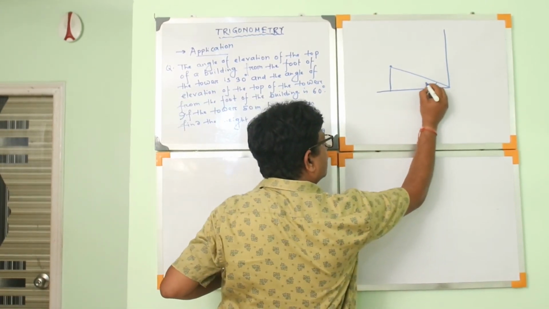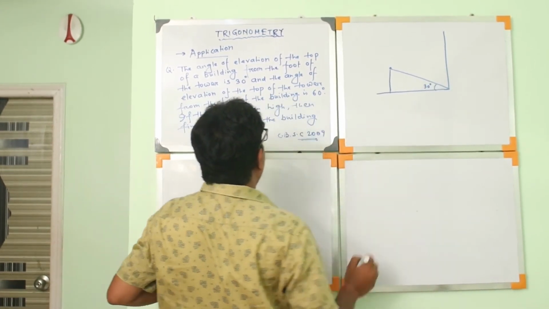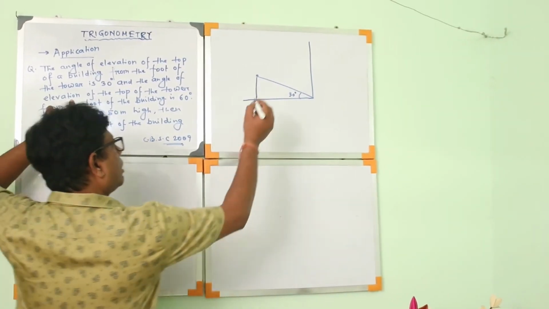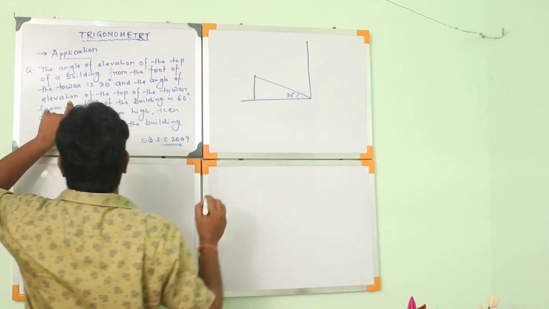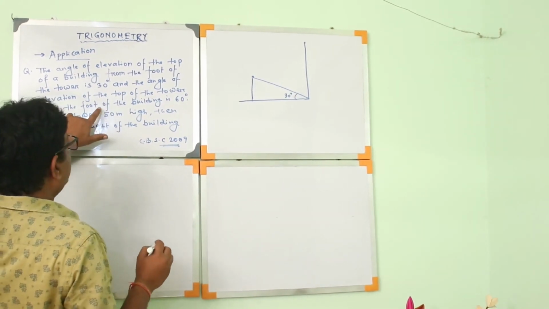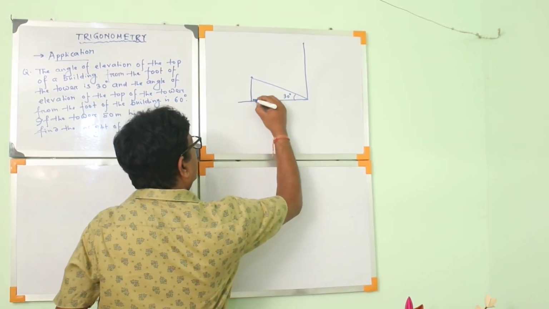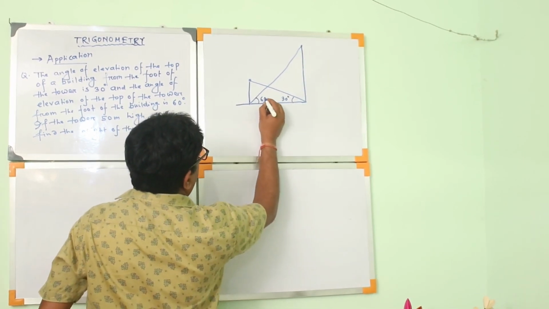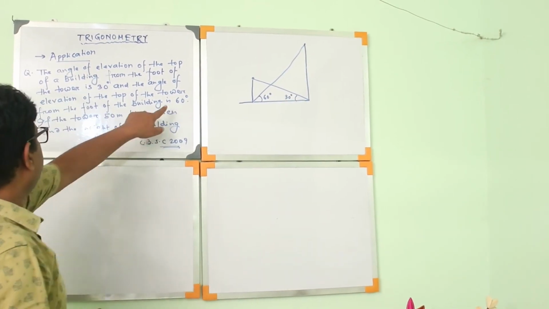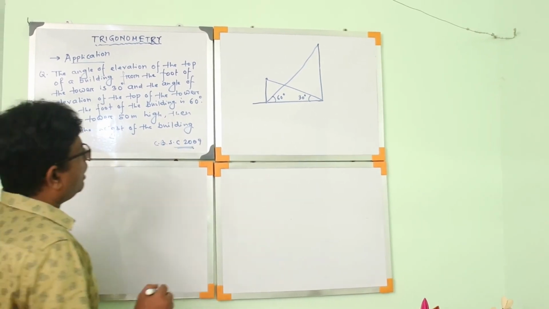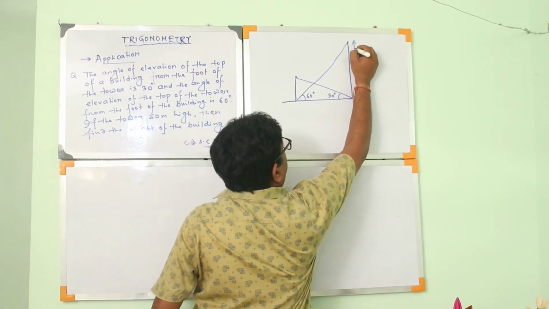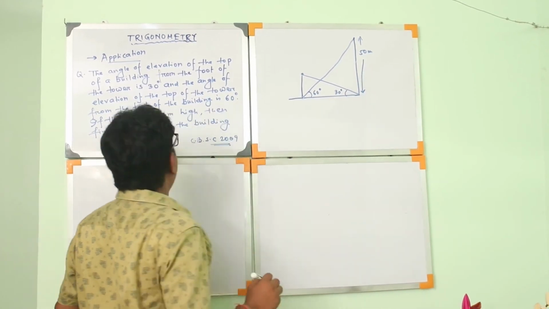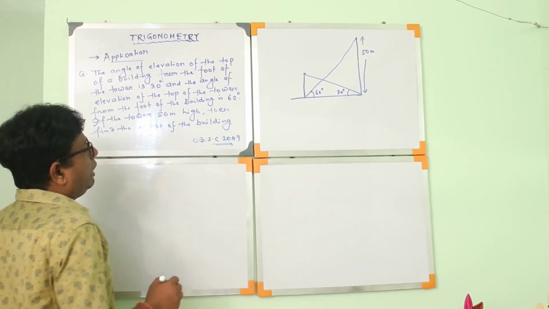So this angle is 30 degrees. And the angle of elevation of the top of the tower, top of the tower means this one, from the foot of the building, foot of the building is this one, is 60 degrees. The height of the tower is given as 50 meters. Then find the height of the building.